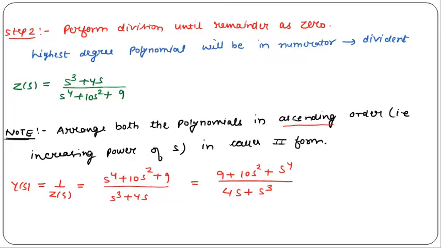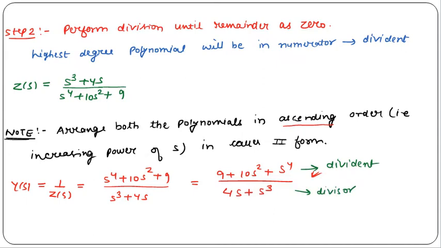And now we can see that the numerator degree is greater than the denominator degree. So for this function we will synthesize the network using the Cauer-2 form. Now we will perform the division, and this 9 plus 10 s square plus s power 4 will be the dividend, and 4s plus s cube will be the divisor.